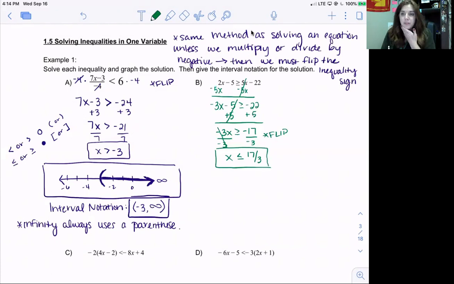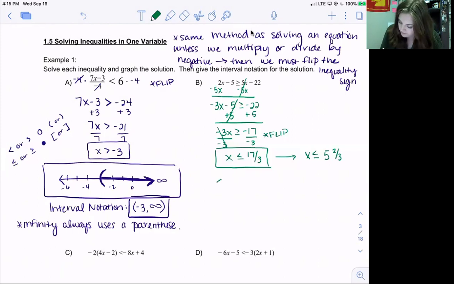Okay, for our graphing though, it's better if we write this as a mixed number. So let's figure out what that would be. So we have x is less than or equal to... 3 goes into 17 5 times. 5 times 3 is 15, so we have a remainder of 2. So we're going to have 5 2/3.